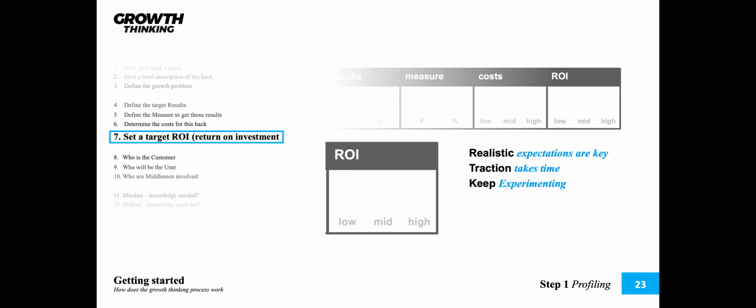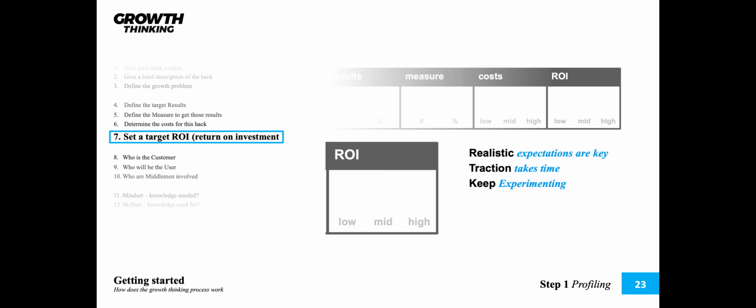Next is the ROI. So there are 2 ways of dealing with this. There's one of setting a target return on investment and seeing if you actually perform against it, or you can go and experiment and take a look at the results and then record what the results were, and that would be the ROI. So if I spent $100 and this hack was able to make me $1,000, then I know that my ROI is 10 times, right?